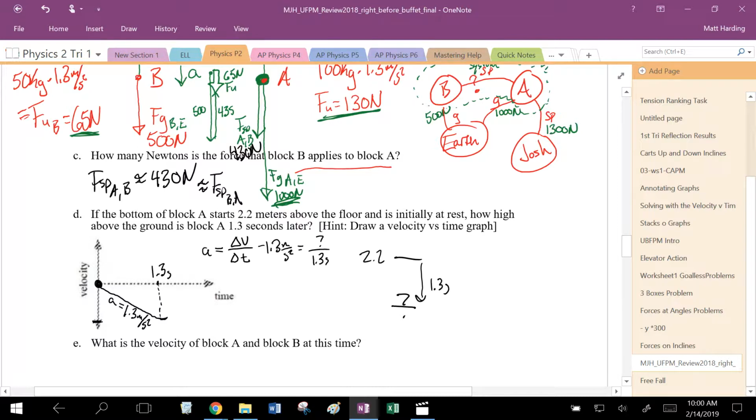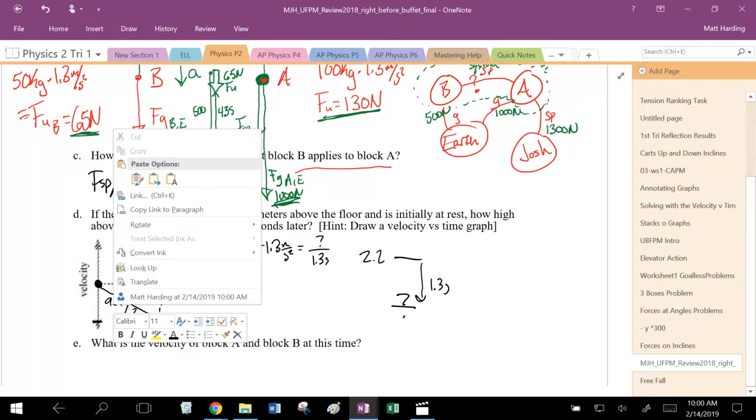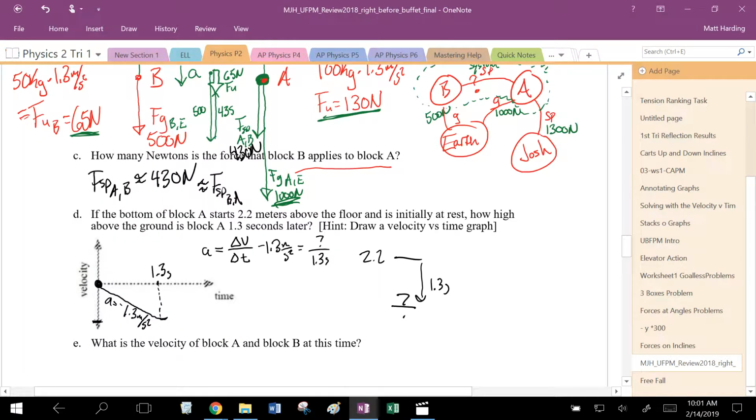I'm just being lazy because it's a Thursday. So I'm getting like 1.7 meters per second, but that should be negative because of where I'm at.